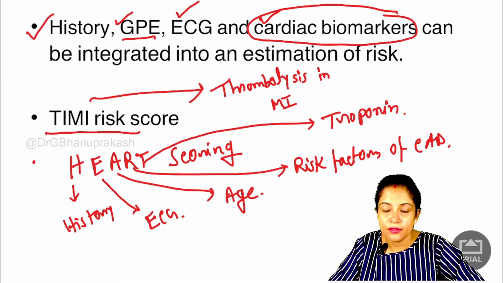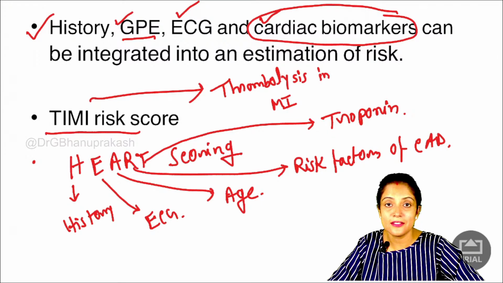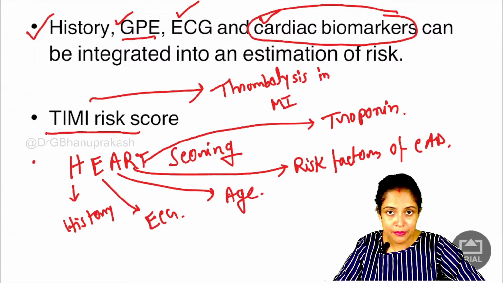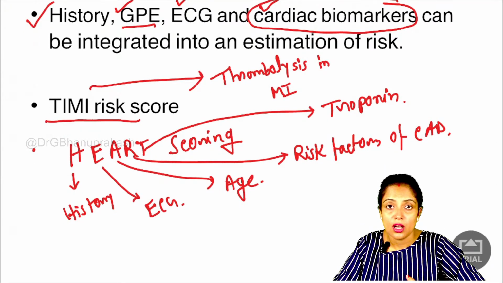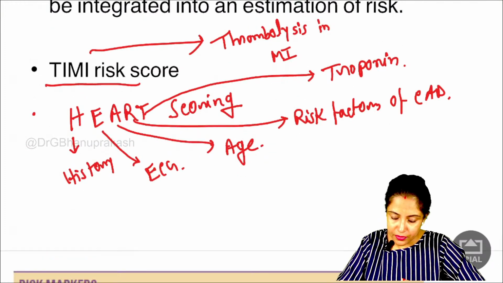This is again one of the scoring systems where history, ECG, age, and risk factors are given certain scores ranging from 0 to 2, and then depending on the score, the patient's risk can be stratified. That is how much risk the patient has.